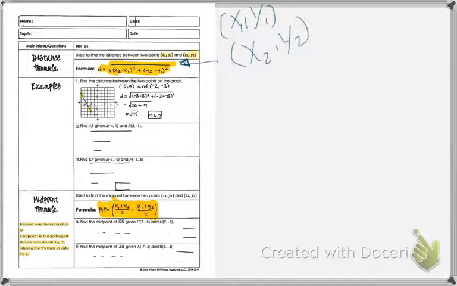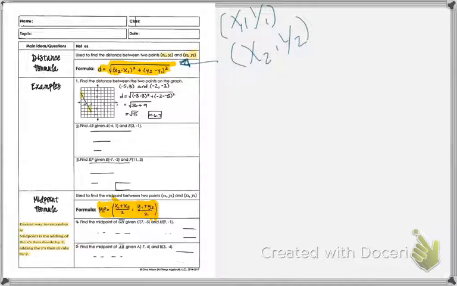So if you printed out the sheet, your x is always first, which means you're going to have to find the coordinate for that one and the coordinate for that one. Now, it doesn't matter who is first as long as you find the coordinates.